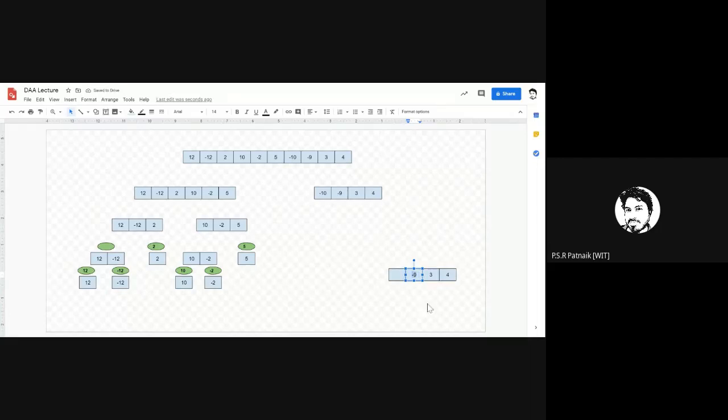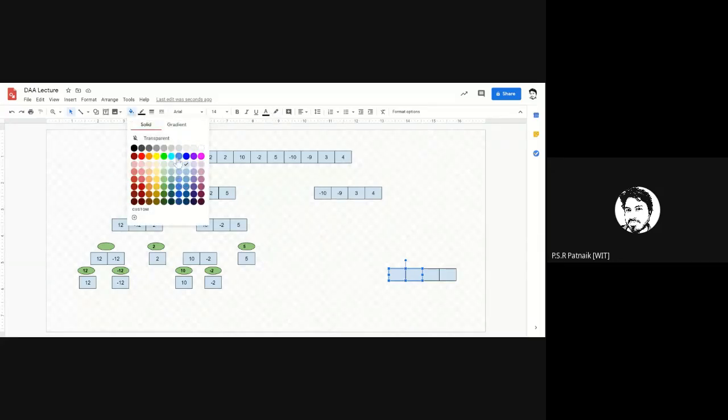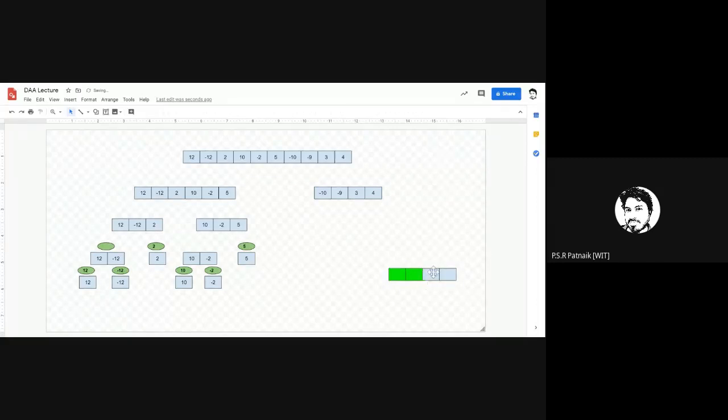So, whenever I have a left half and right half, and you know the maximum sum for the left, and the maximum sum subarray for the right, and when you merge them, there are multiple cases. Let me identify the left and right with some different color. That time it would be much clearer for you. And this I'll take as the right half.